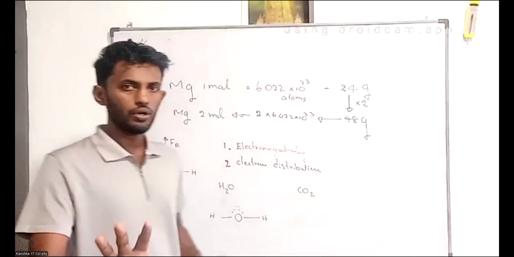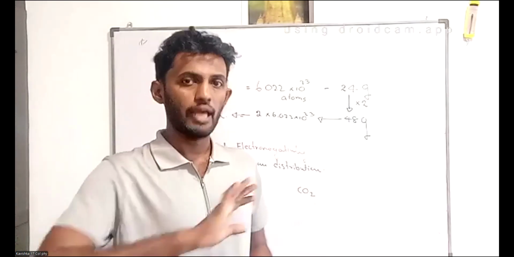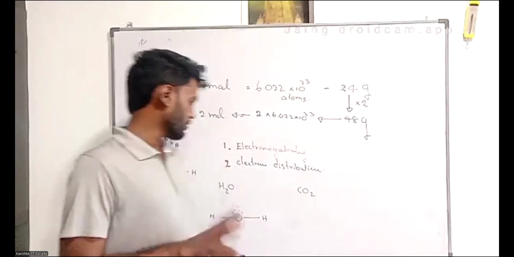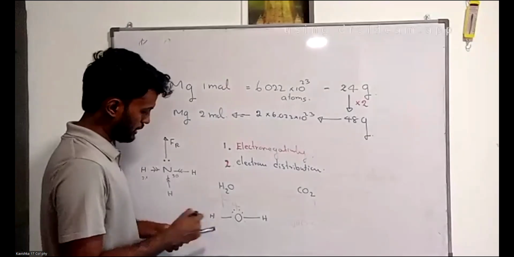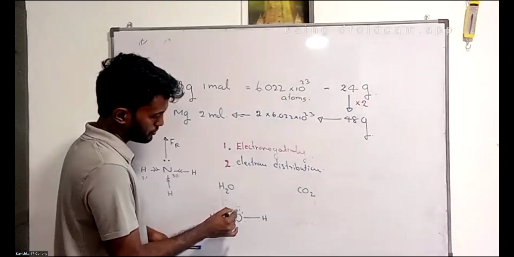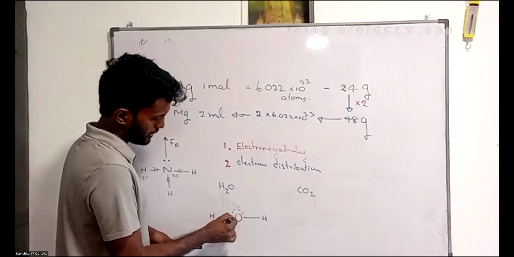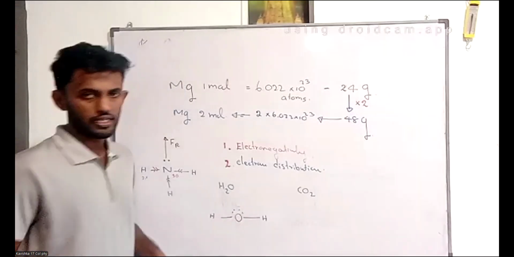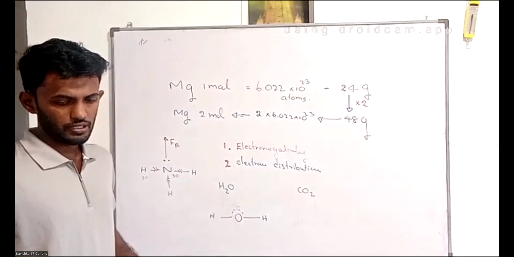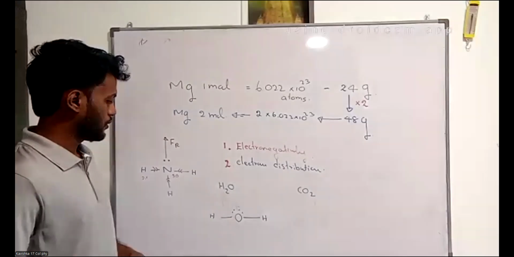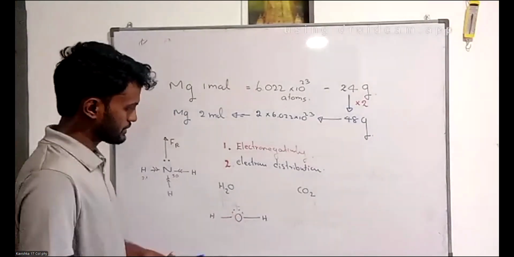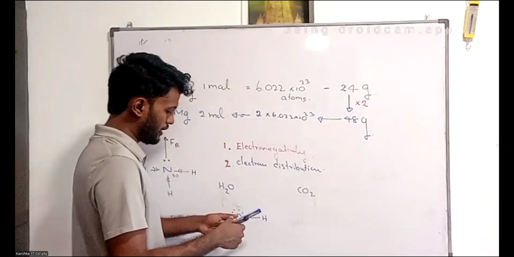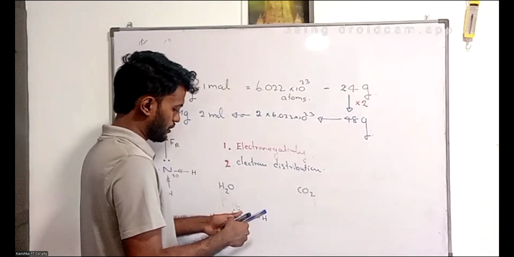Those three don't complete the octet. For everything else you have to check the octet. So here it's like this, and if I draw carbon dioxide, I can draw a structure like this.